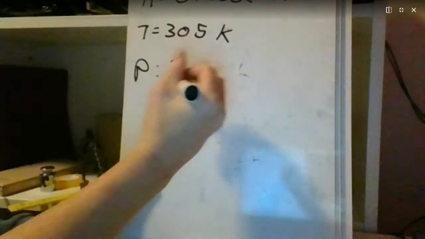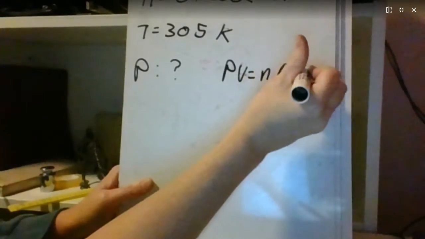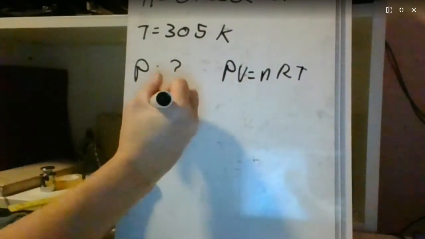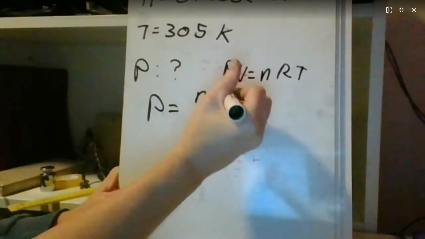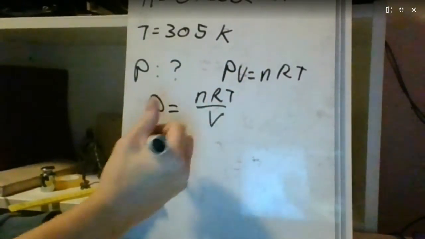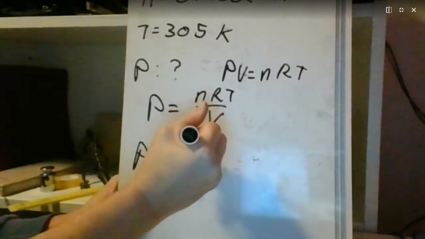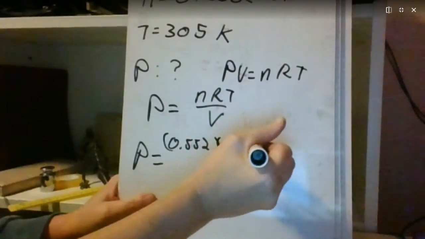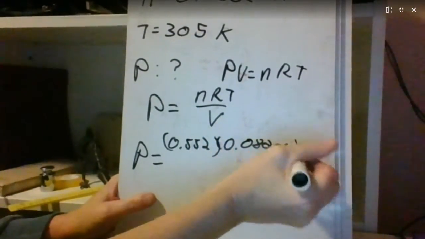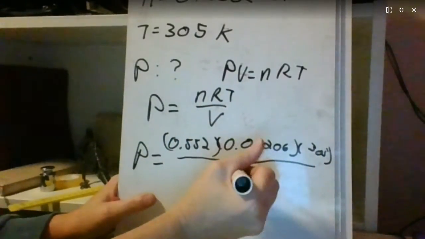Well, PV equals nRT. We're going to solve for pressure. So our equation is pressure equals nRT over V. Plug and chug. So we have 0.552 times 0.08206 times 305 all over 8.5.